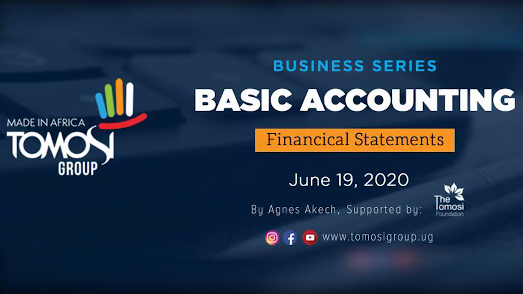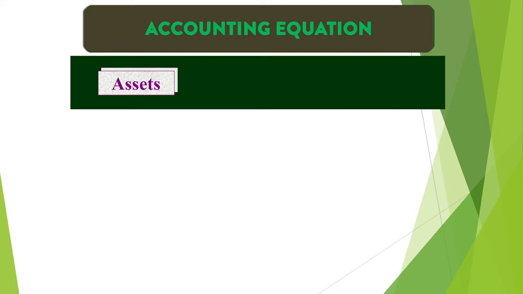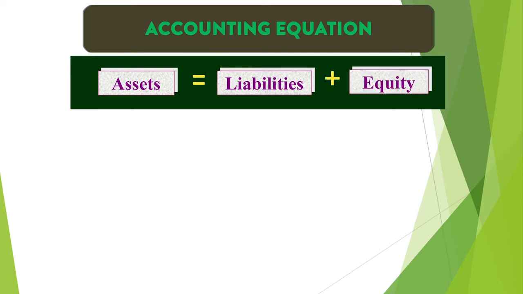In most cases, you find that the uppermost part of the balance sheet comprises the assets, and assets are broken down into two categories: the long-term fixed assets and the current assets. We have the liability side, or the lower part of the balance sheet, which comprises liabilities and equity.